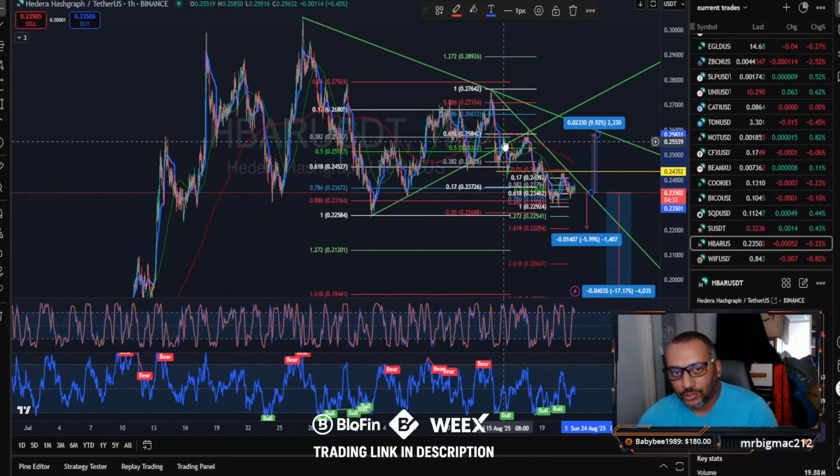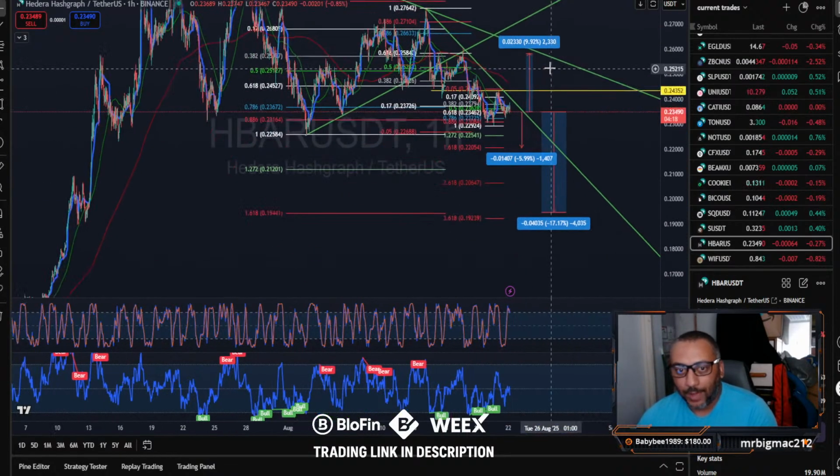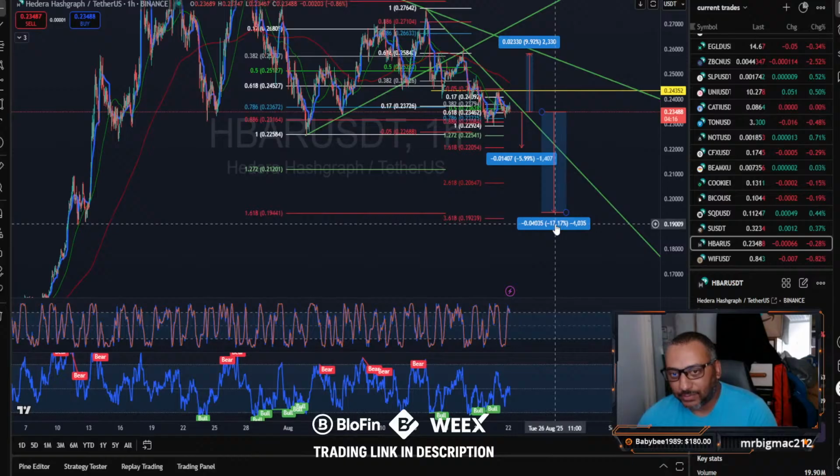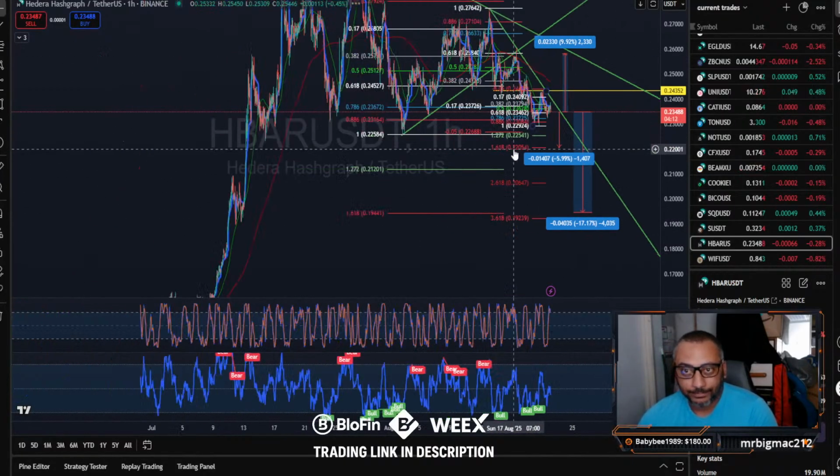You fell through it once, tried to get back above, you fell down, lower low, bearish backtest. That's a terrible look for this price action. Great for the trader. So I'm thinking this 5.9 to 17% downside is a very strong possibility for H-bar.